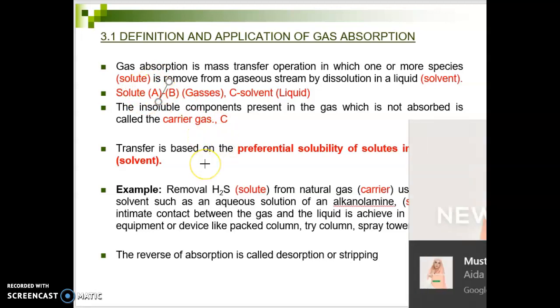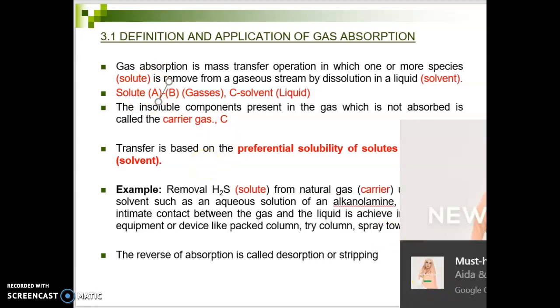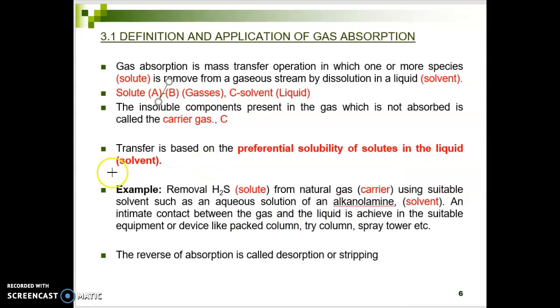Since we are going to separate A and B, there will be a transfer of component A from the mixture of A and B. The transfer is based on the differential solubilities of the solute in the liquid solvent.